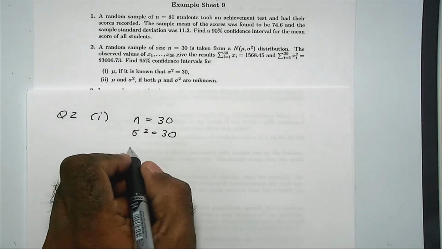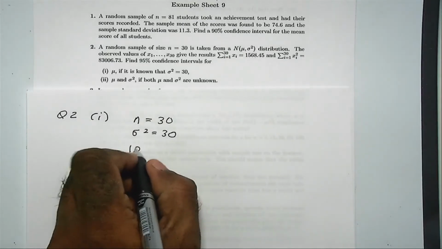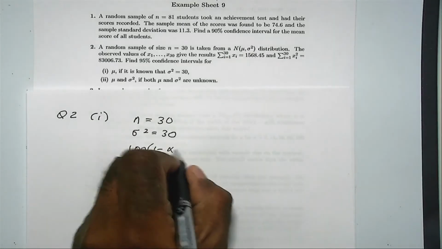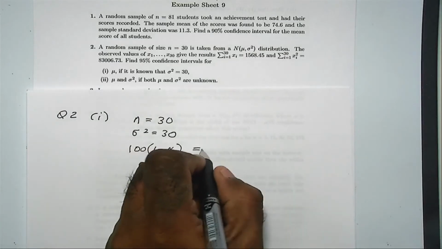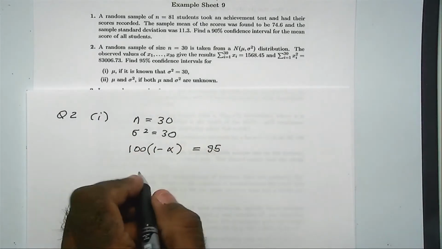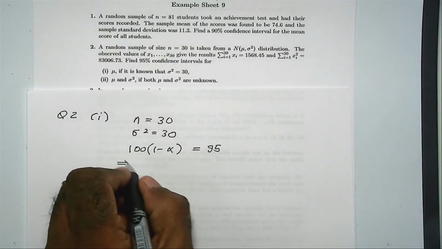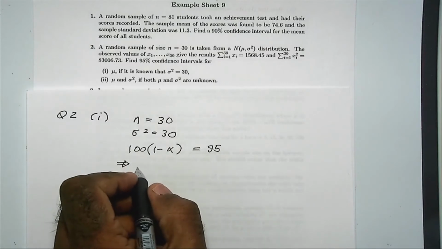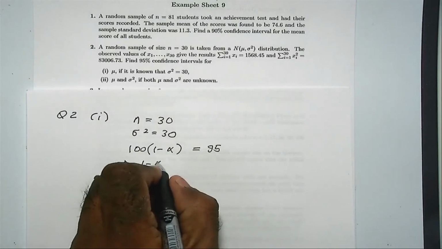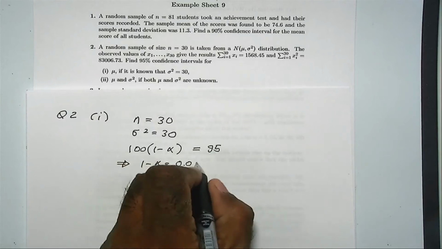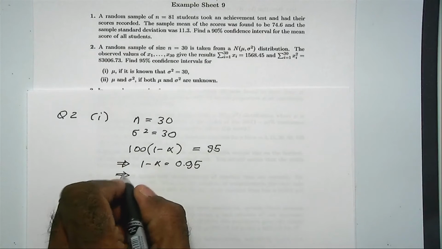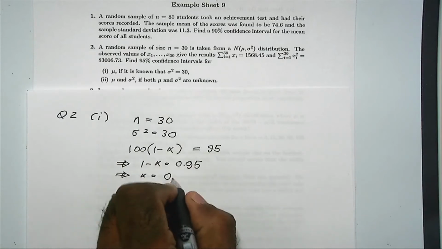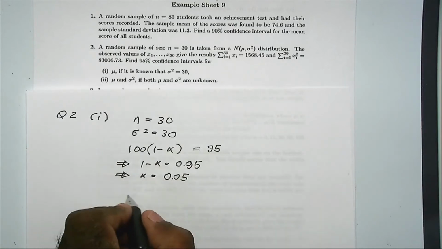And we want to find the 95% confidence interval. So that implies that 100 times 1 minus alpha is 95, so 1 minus alpha is 0.95, and alpha is 0.05.